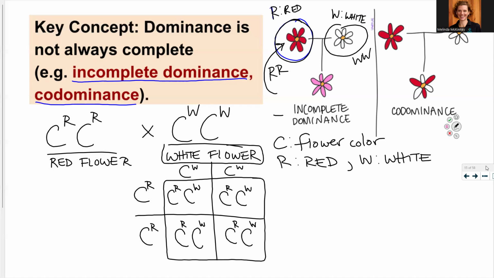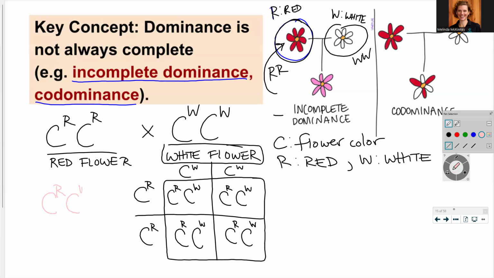of each allele. In the case of incomplete dominance, the heterozygote is going to have a phenotype that is intermediate. That's hard to see, but that's pink, a dark pink.